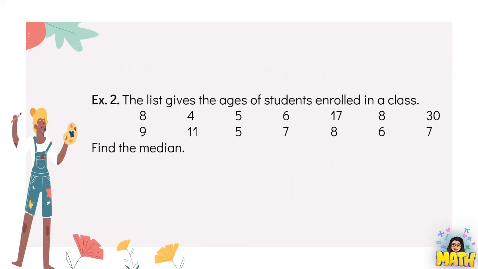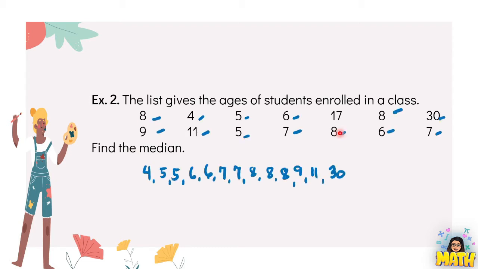Let's have another example. The list gives the ages of students enrolled in a class. Find the median. So here we have the age of the students. Let's arrange it from youngest to oldest. So here we have 14 data in a set, and 14 is an even number. So that means there will be two middle scores here. Since meron tayong dalawang scores na nasa gitna, we simply need to get the average of that. That means by adding their values divided by 2.